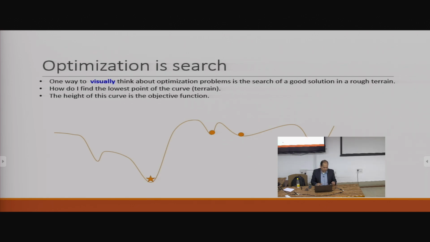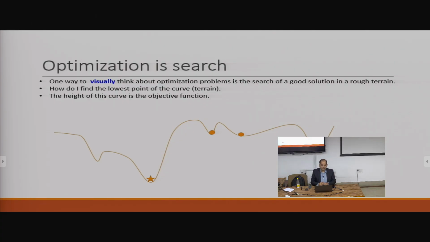So, I said earlier that optimization is search. One way to visually think about optimization problems is that it is a search for a good solution in a rough terrain. Okay, so think of your design variables as location in an XY plane, and the height of the function is the terrain, right?